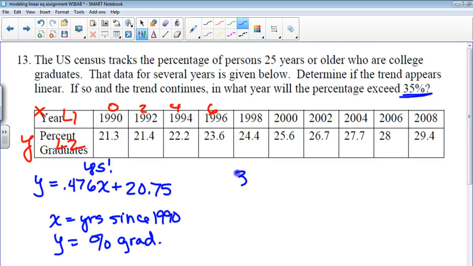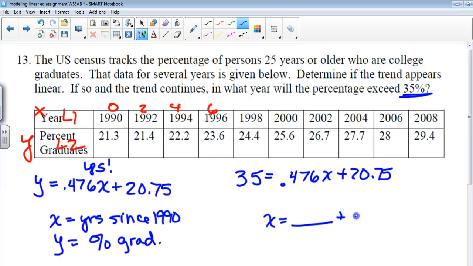It's Y. So we need to solve 35 equals 0.476x plus 20.75. If you solve that, what are you still going to have to do to find the actual year? Anybody know what we're going to need to do after we solve that?